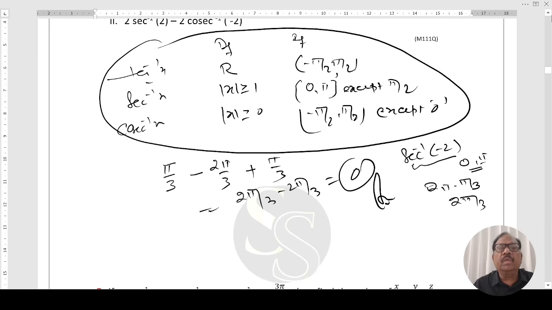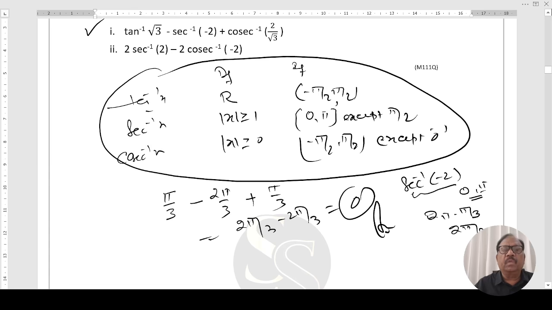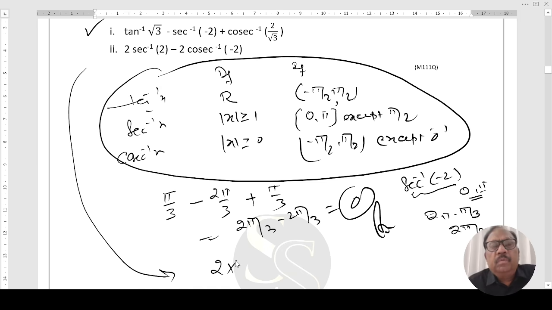The second question is 2 sec inverse of 2, 2 into sec inverse of 2, that is 60 degree, pi by 3, minus 2 into this comes out to be pi by 6, minus pi by 6.